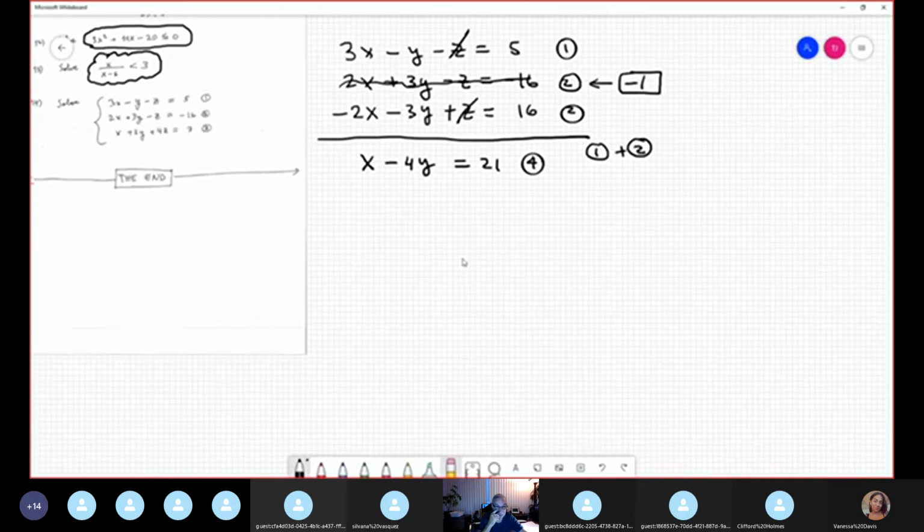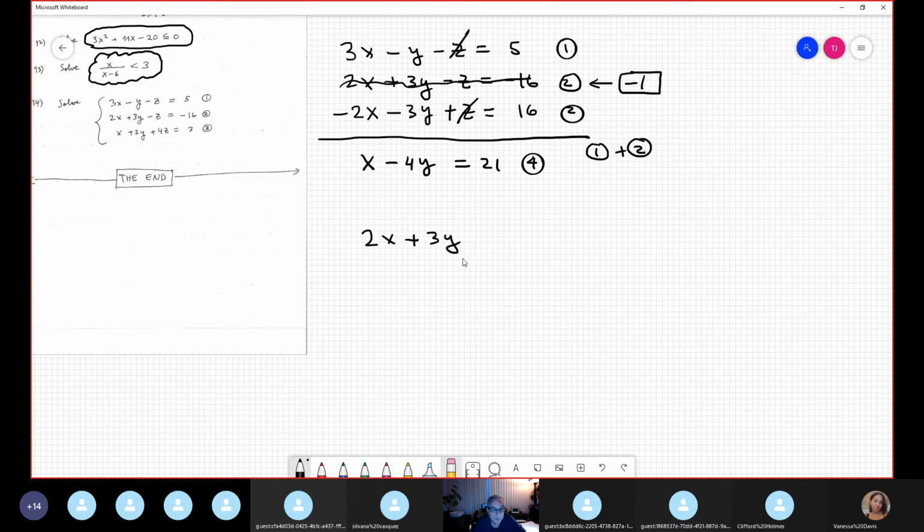Okay, now I need to select another couple of the equations. And the most important thing is to eliminate the same variable. And for this second couple, I select 2 and 3. Is 2x, I copy the original again, plus 3y minus z equal -16, equation 2.